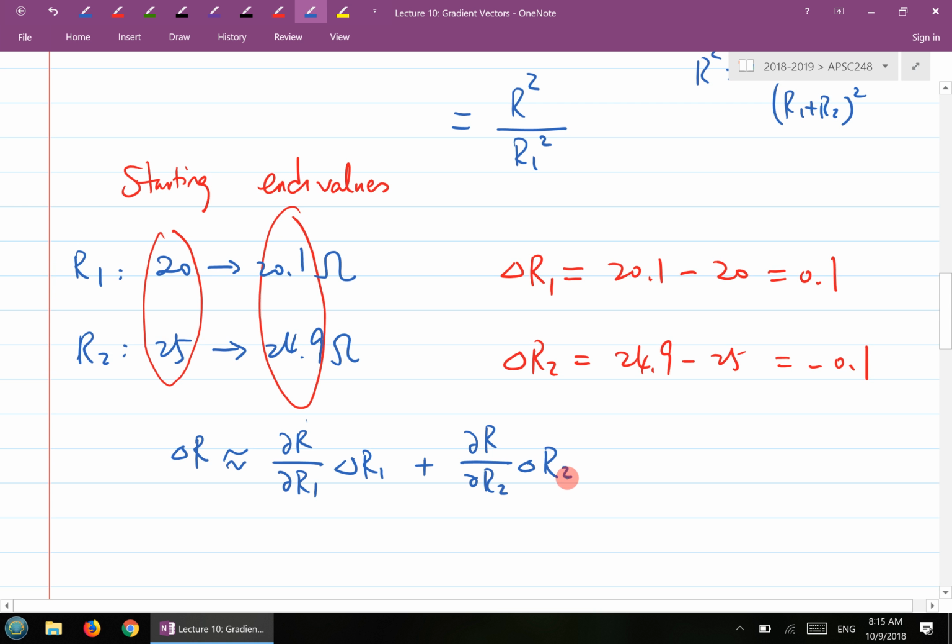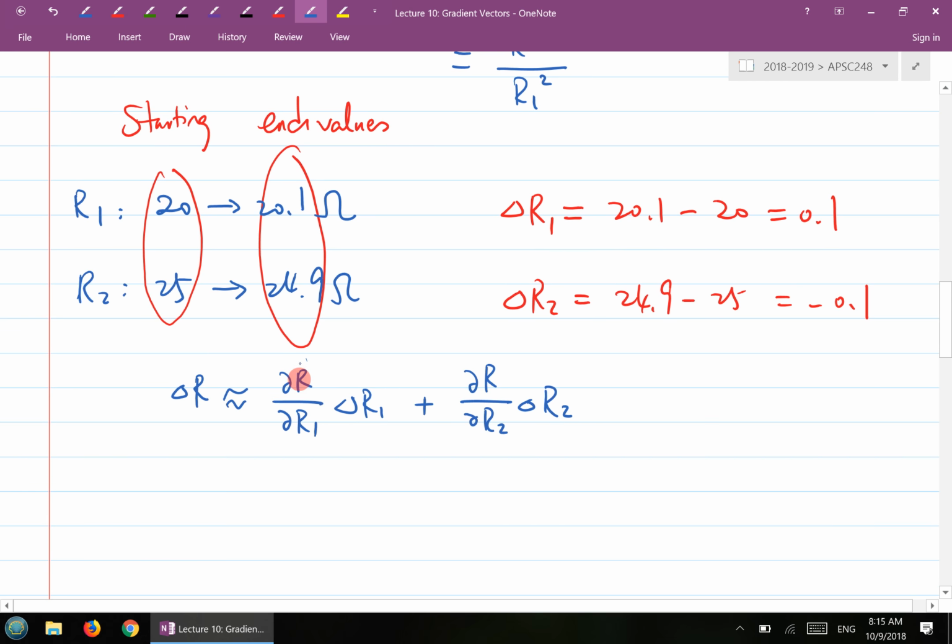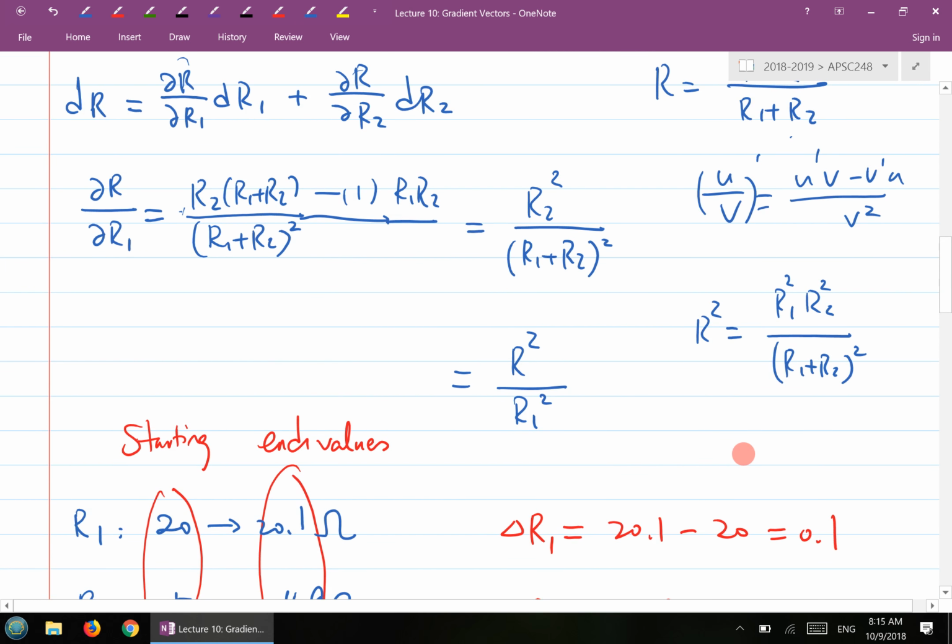That's how you estimate the changes. So I can plug in delta R1 with 0.1, and delta R2 with negative 0.1. What about these two partial derivatives? After calculation, you can see the two partial derivatives are basically functions of R1 and R2 again.